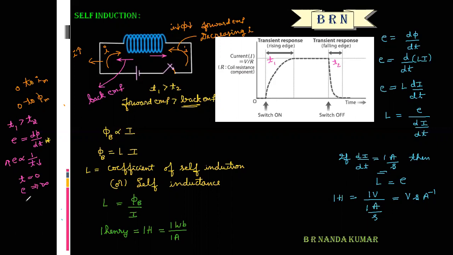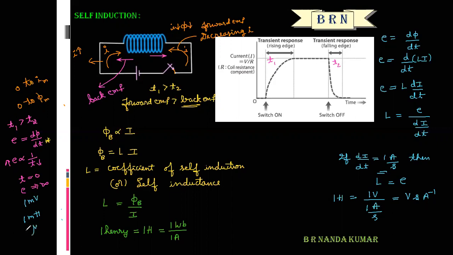Suppose 1 millivolt of EMF is induced in a coil when the rate of change of current flowing through the coil is 1 ampere per second. So what is the value of self-inductance? That is 1 millihenry. Henry is a much larger unit of self-inductance. The smaller units are millihenry and microhenry.